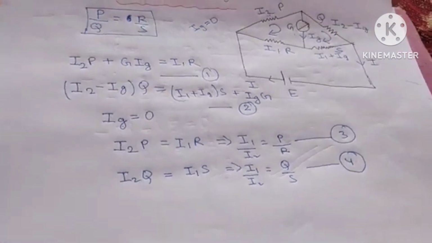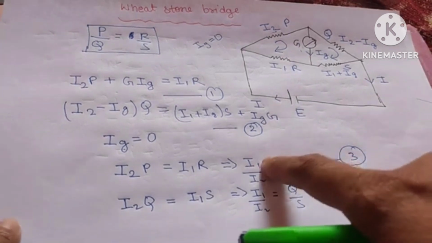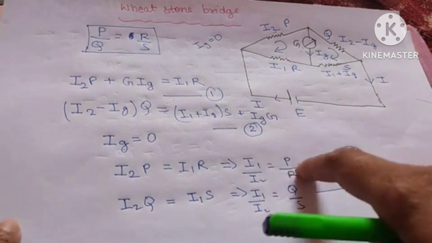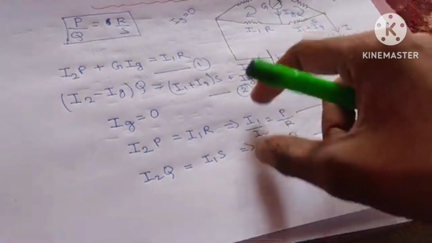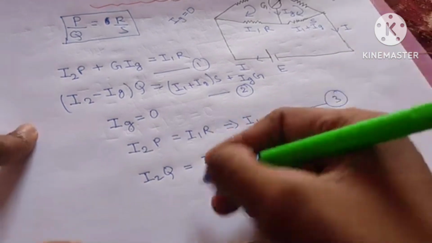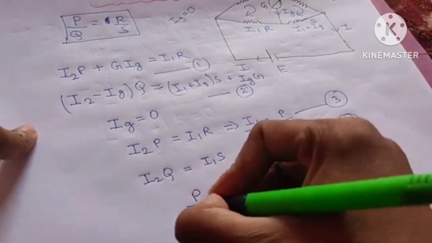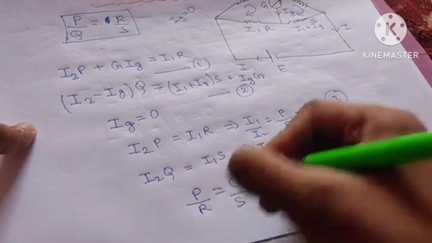Now we know I1 by I2 is equal to P by R and is equal to Q by S. So equate these. From equations 3 and 4, we have PS equal to QR.